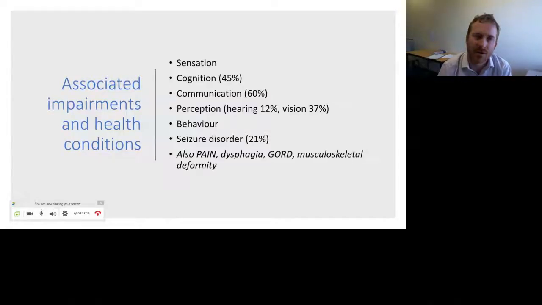There's also increasing evidence that pain is a frequent presentation for young people with cerebral palsy, with some studies suggesting that chronic pain occurs in up to 70% of the population. And we also see plenty of children with dysphagia, gastroesophageal reflux disease, and of course musculoskeletal deformities, which often characterize the condition.